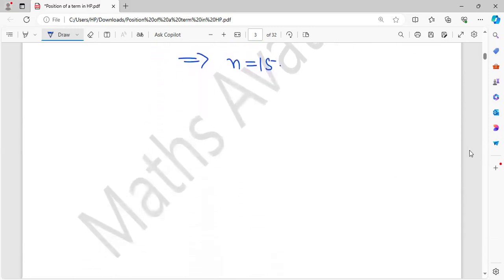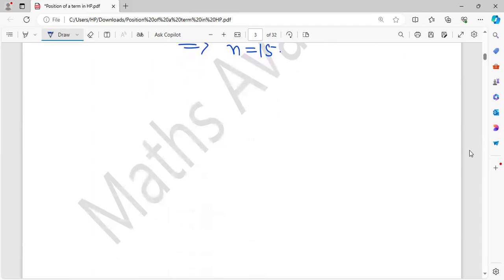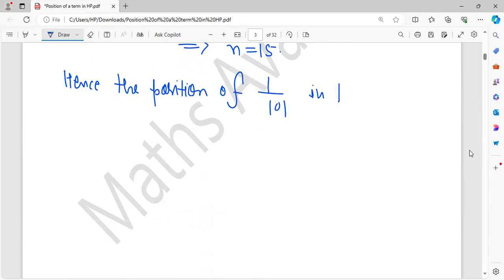Hence, the position of 1 upon 101 in the given HP is at 15th place. Okay, so this is the answer.